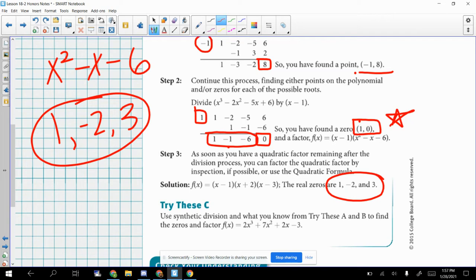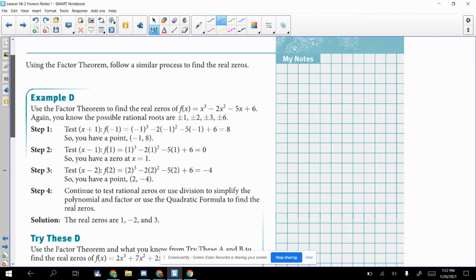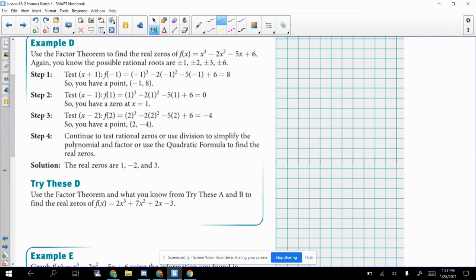All right, and like I said, we're going to try that in a bit. But before we do that, I want to show you the factor theorem as well. It's a very similar process, but they're testing it a little bit differently. They're taking these values and plugging them in, and you can use your calculator, but you have to get out 0 when you calculate this.